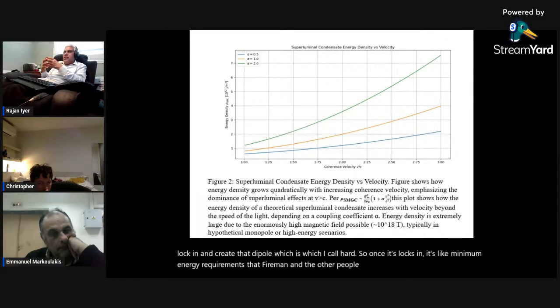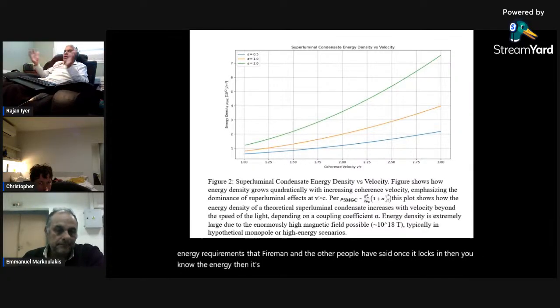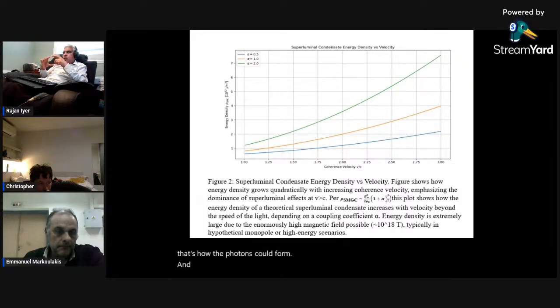Once it locks in, the energy is released in the form of heat or radiation. That's how the photons could form, and then you have the dipole. Once the dipole forms, it doesn't go back because Gauss's theorem holds good there.